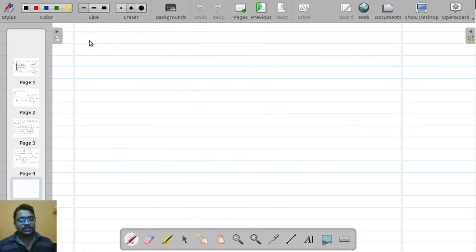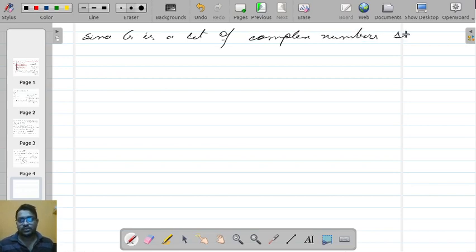Associative property will be satisfied because these are complex numbers. Since G is a set of complex numbers, G is associative with respect to multiplication.